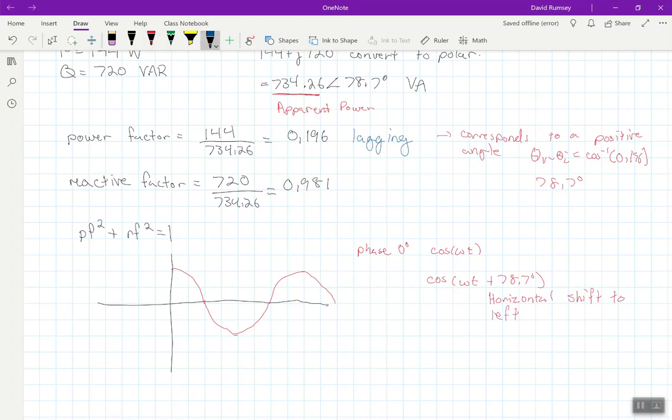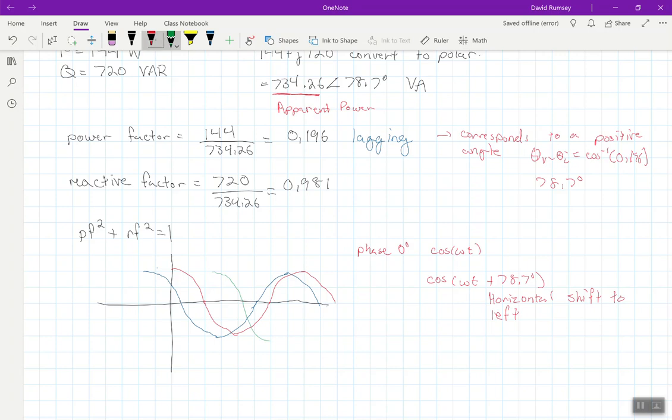So in other words, I would have to shift this graph to the left, and I'd have something like this. And that's not necessarily 100%. In other words, it's lagging. It's lagging behind the original curve here.